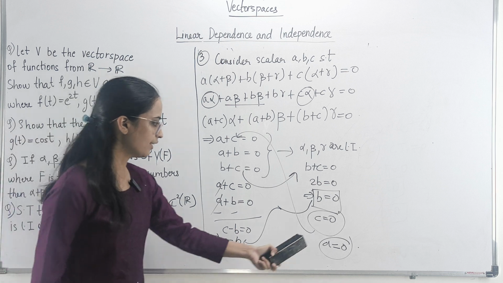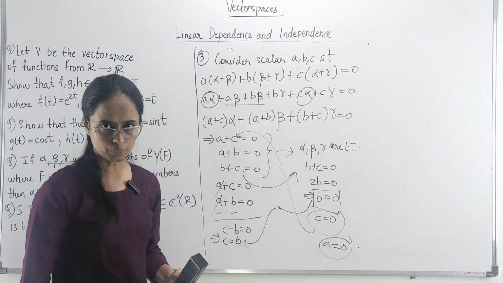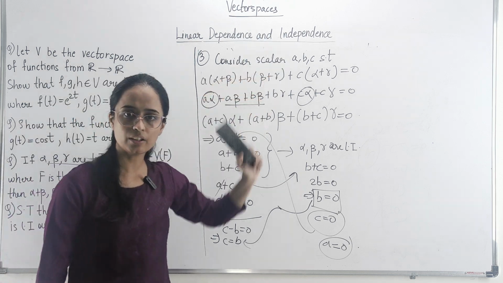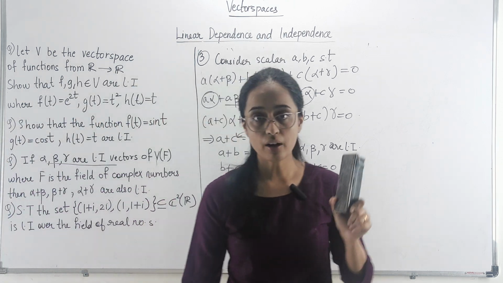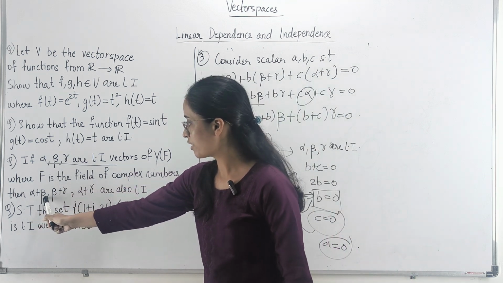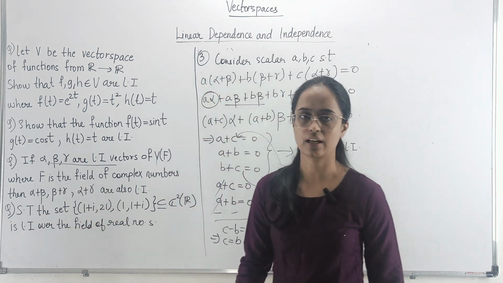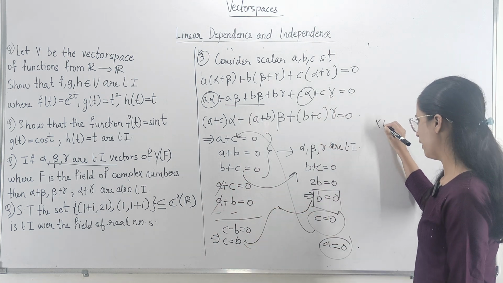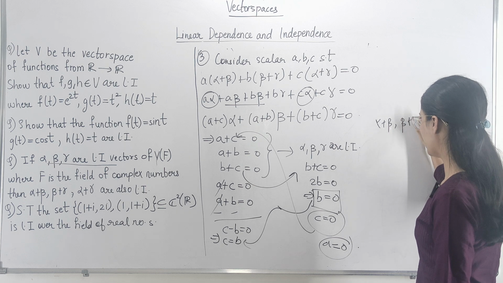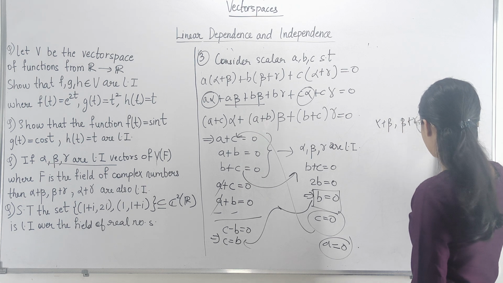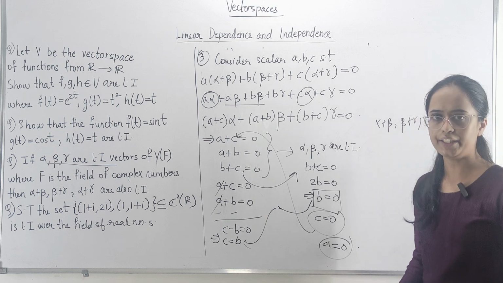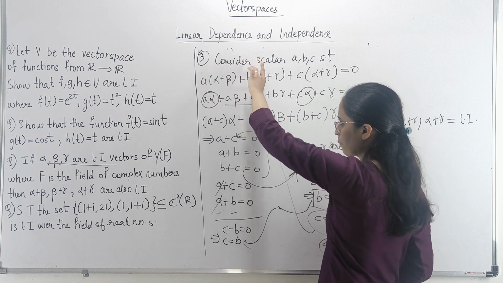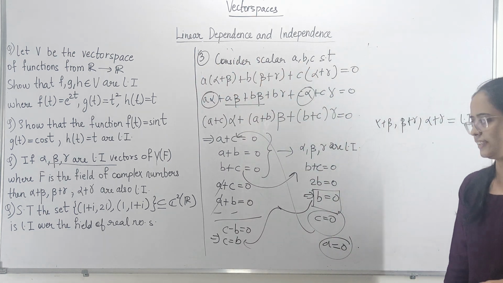So since we get a, b and c के values equal to 0, और ये a, b and c जो है ये यहाँ पे हम लोगों ने linear combination में use किए हैं, for the vectors alpha plus beta, beta plus gamma, alpha plus gamma. इसलिए we can say कि ये जो हम लोग को दिया है alpha plus beta, beta plus gamma and alpha plus gamma, they turned out to be linearly independent, क्योंकि इनके linear combination में जो हम लोग ने scalars लिए थे a, b and c, उनके values 0 आ गए.